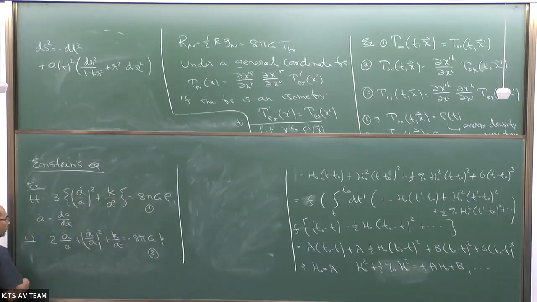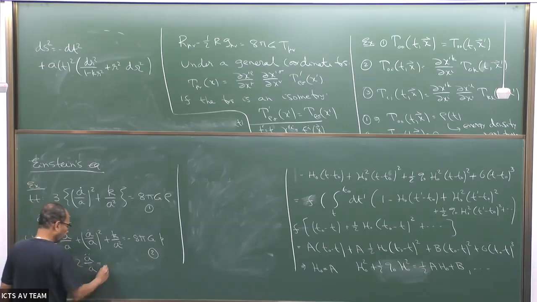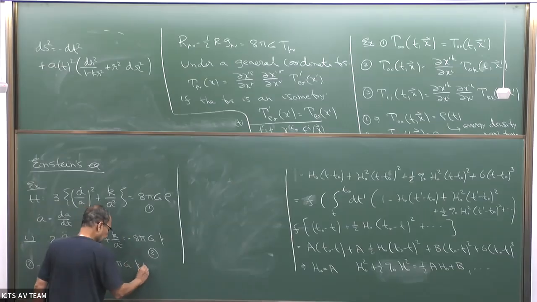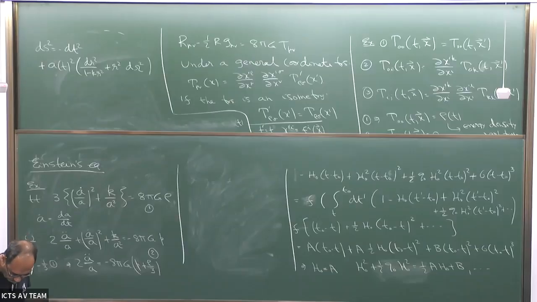So I say 2 minus 1/3 of 1, to cancel this, gives you 2a double dot over a is equal to minus 8 pi G, p plus rho by 3.